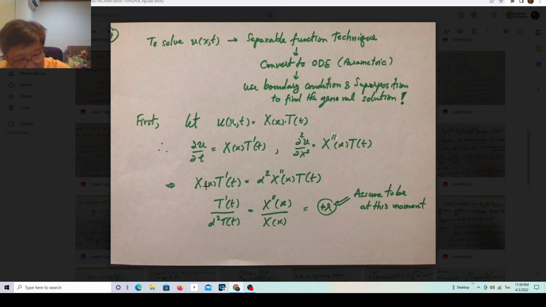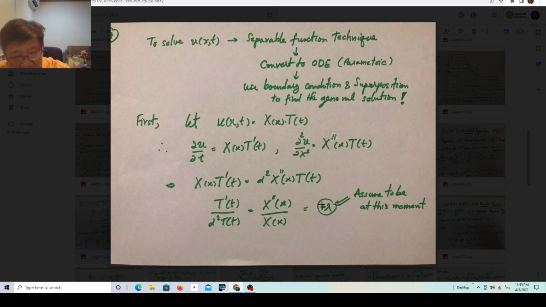Capital X by X cancel each other, so the remaining part of the ratio is only T''(t) divided by alpha squared T(t), because X cancels. On the right hand side here, alpha squared cancels out and T(t) cancels out, so the remaining part is here, X''(x) over X(x).